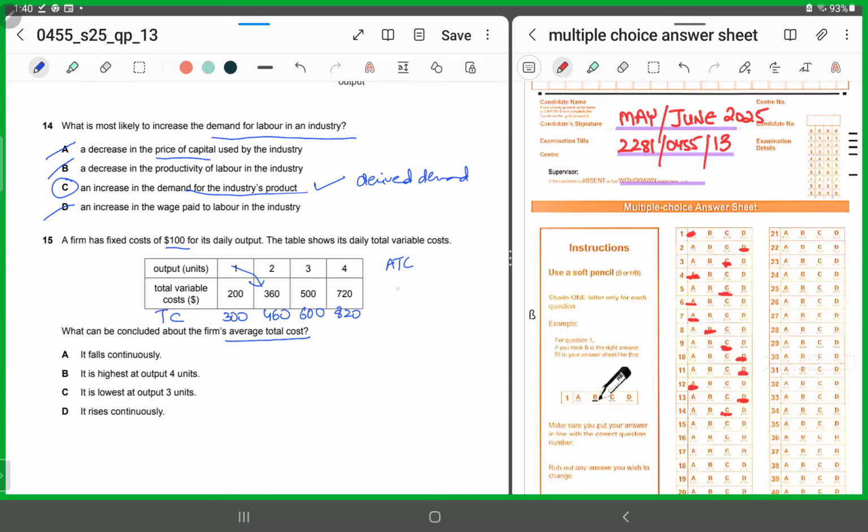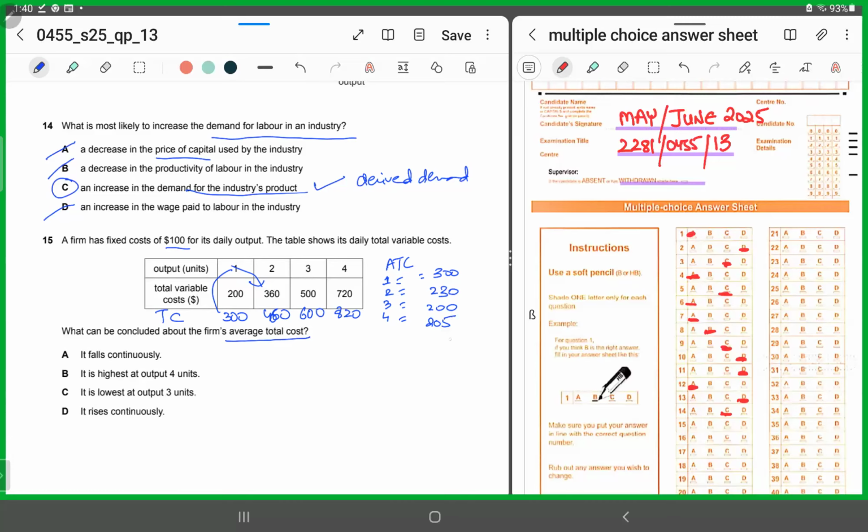Average total cost at each level is calculated by dividing the total cost by the units. So 300 divided by 1 gives $300. 460 divided by 2 gives 230. 600 divided by 3 gives 200, and 820 divided by 4 gives 205.